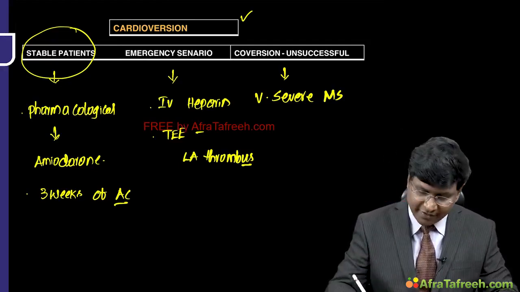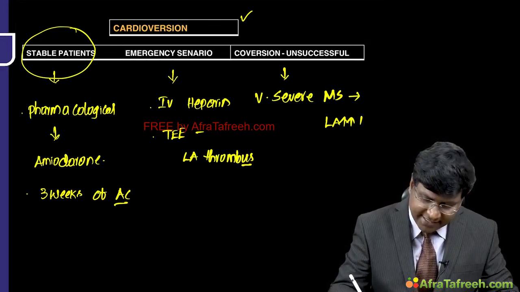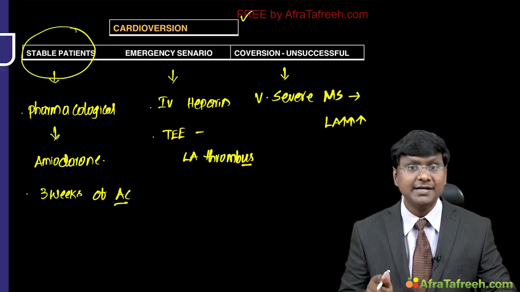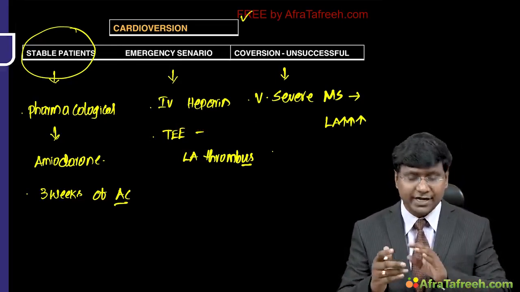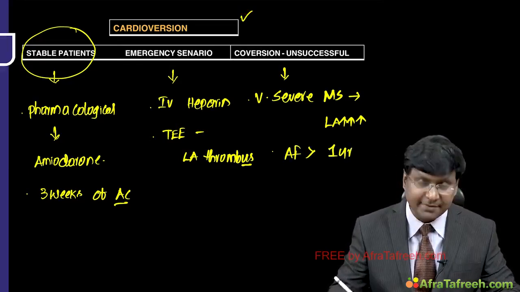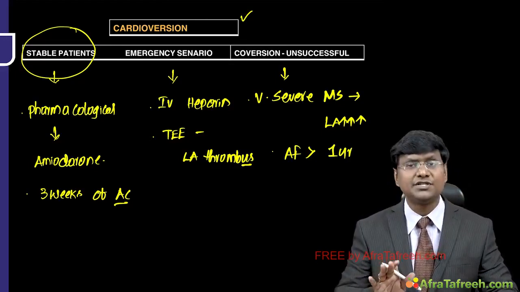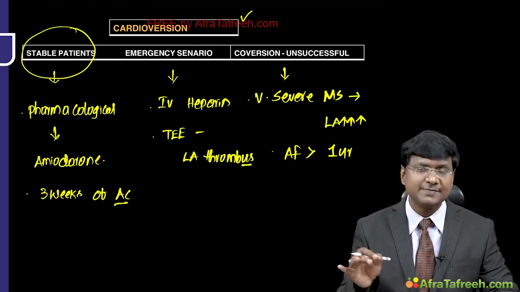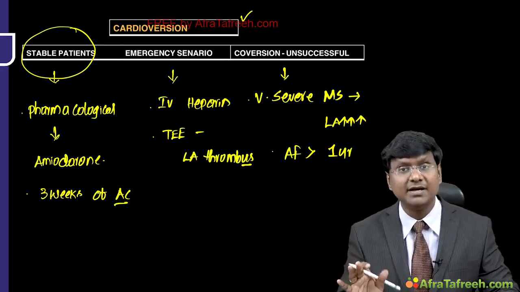And another important scenario is if the duration of the atrial fibrillation is more than 1 year in a patient with mitral stenosis; here also the conversion becomes very difficult. So these are the two scenarios where in spite of electrical or pharmacological cardioversion, the conversion will be unsuccessful.